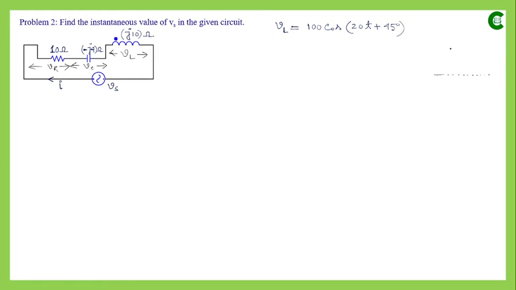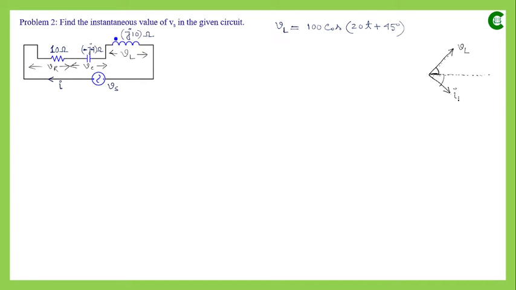So we can think this way: if this horizontal line is the reference, then this will be our VL, which leads the reference by 45 degree. So this is plus 45 degree, and definitely the current that flows through that inductor will lag that reference by minus 45 degree.